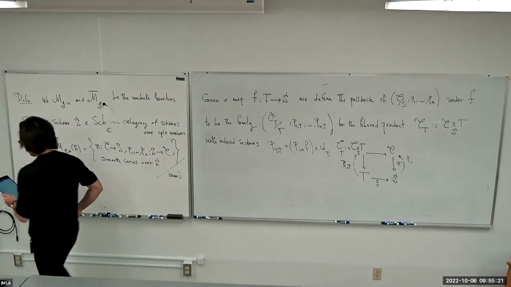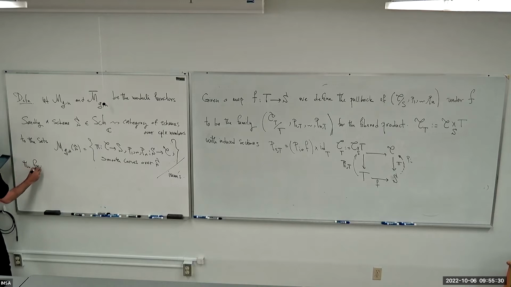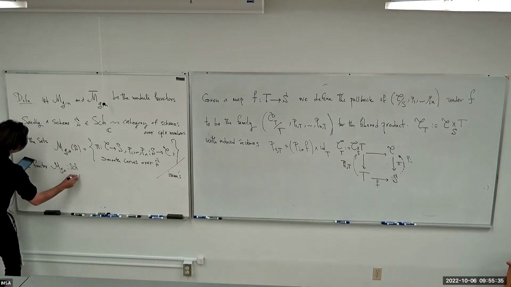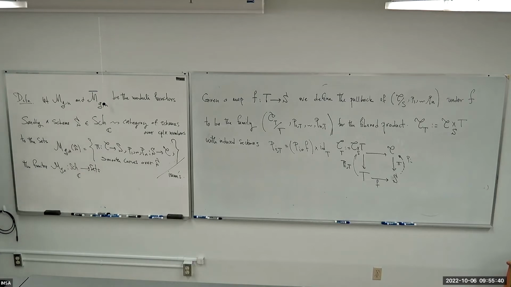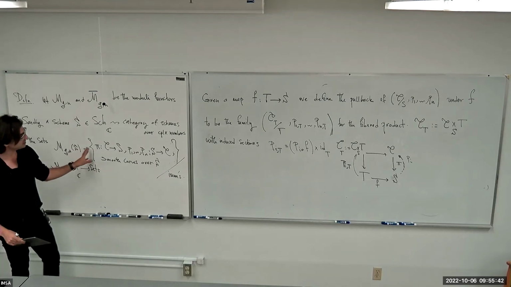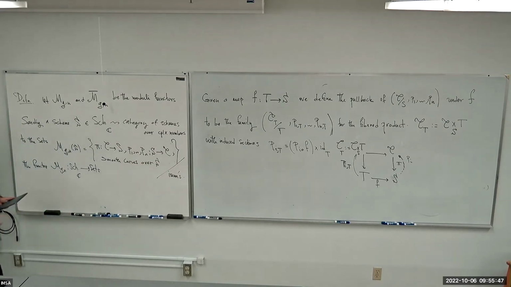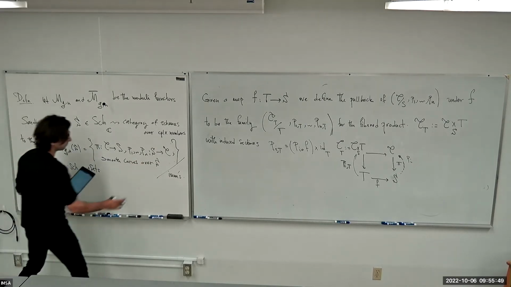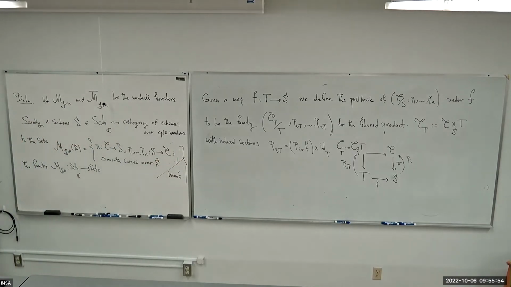So this is the moduli functor. The functor M_{g,n} sends you from the category of schemes over complex numbers to the category of sets, and the set we are interested in is the set of families of these things modulo isomorphisms. All right.